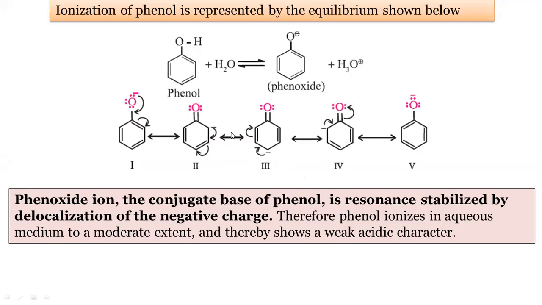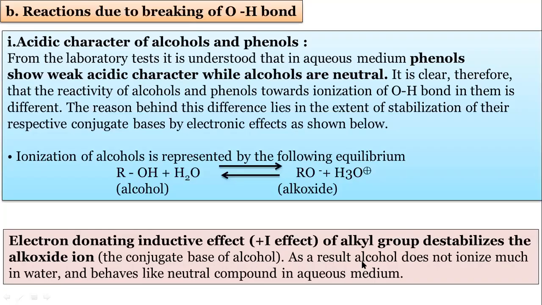Resonance is nothing but delocalization of electrons. In 11th standard, chapter 15, aromatic compounds, we learned about this resonance. Only the negative charge is rotated here, see 1, 2, 3, 4, 5, and it is stabilized. So phenol ionizes in aqueous medium to some extent, so it is weakly acidic, and alcohols do not ionize.